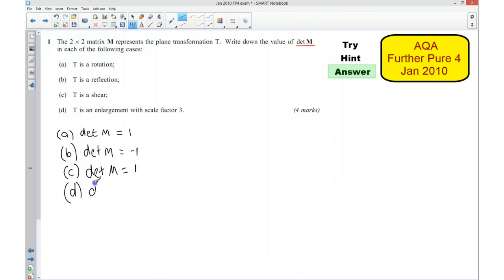And part D, we've got an enlargement with a scale factor of 3, so that's going to be stretched in 2 directions by a scale factor of 3. So one direction is going to make it 3 times as big, and the other direction is also going to make it 3 times as big, so altogether it's going to be 9 times as big, the area, so the determinant of that is going to be 9.